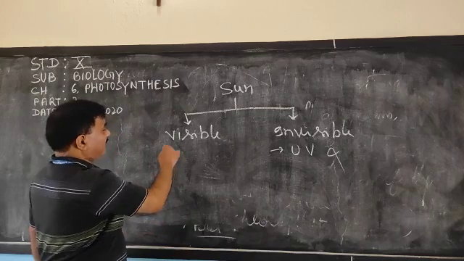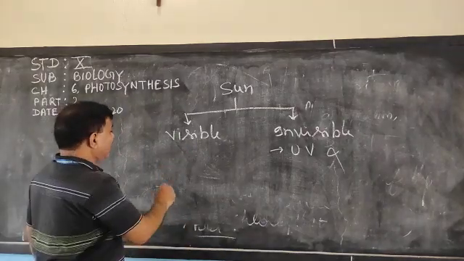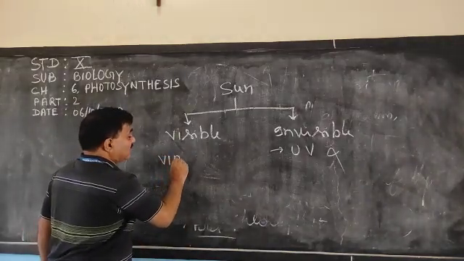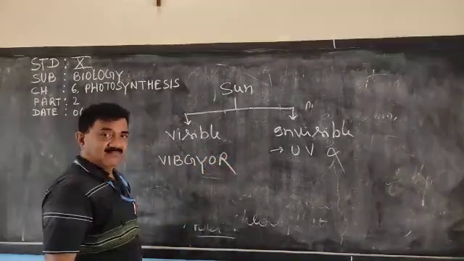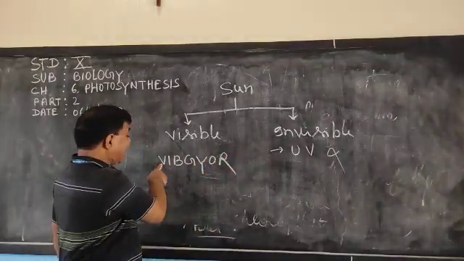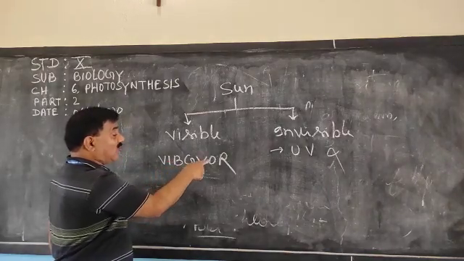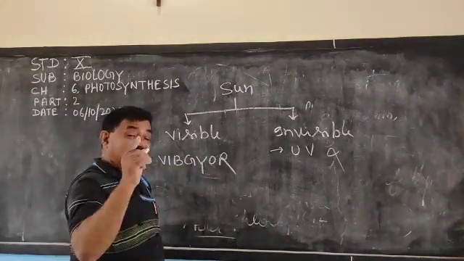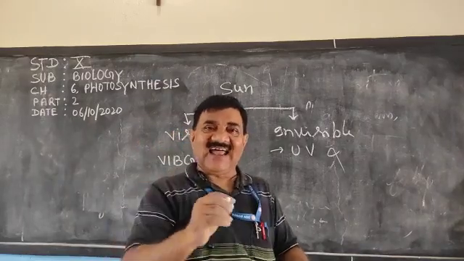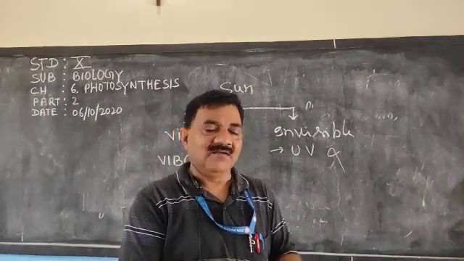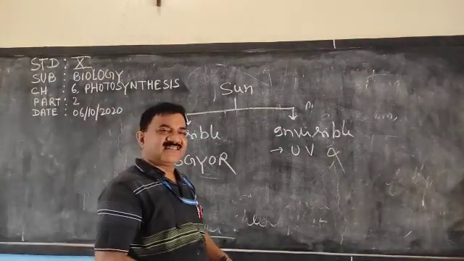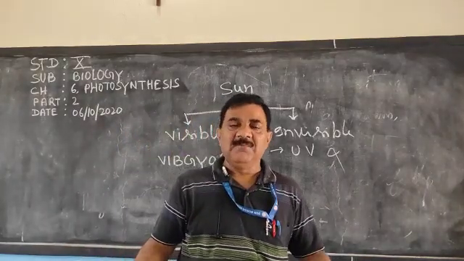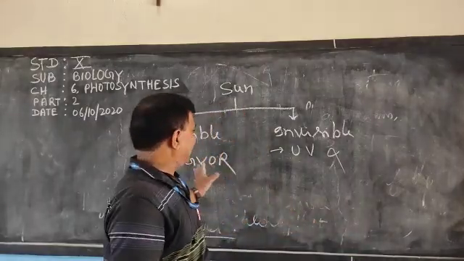Visible rays are made up of VIBGYOR, which means white light: violet, indigo, blue, green, yellow, orange and red. It means rainbow colors. When white light is passed through a prism, on a spectrum these 7 colors are seen. White light is made up of 7 colors.